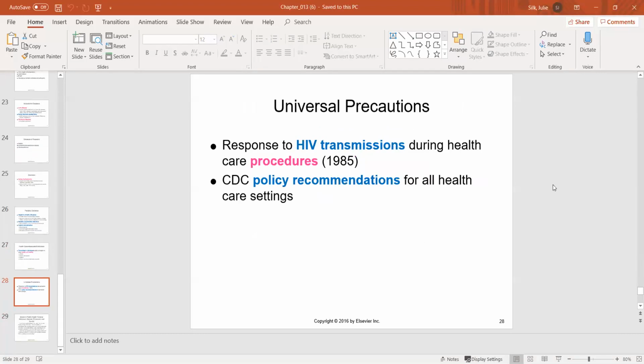So, of course, we always want to do universal precautions. We started this because of the HIV transmissions during healthcare procedures back in the 80s. It's hard to believe it's only been that long that we've been doing universal precautions. The CDC recommends this for all healthcare settings.